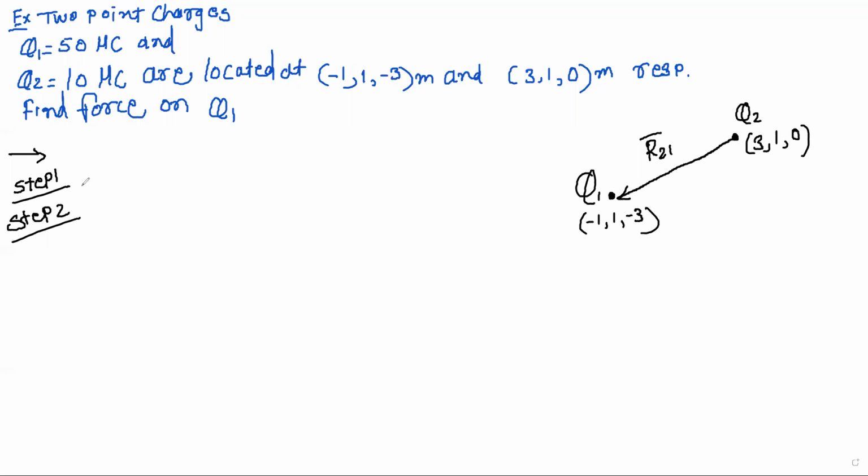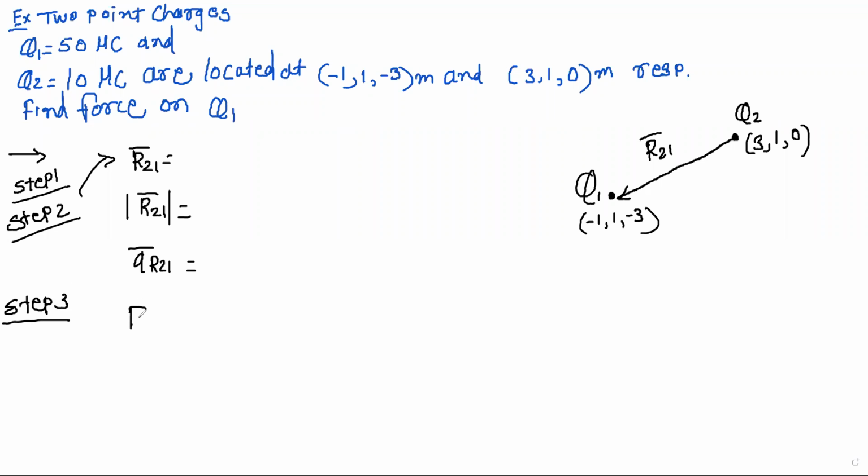So in step 2, r21 bar is equal to this, you have to find. Then you have to find the magnitude of r21, which is required to put in Coulomb's law. Then you have to find the unit vector in that direction, a bar r21. Once you get all those things, you can go for step 3, that is use of Coulomb's law.